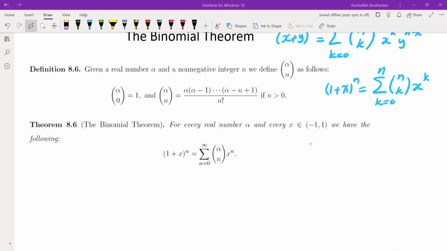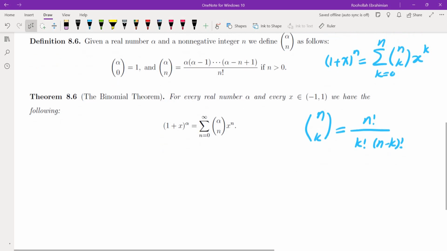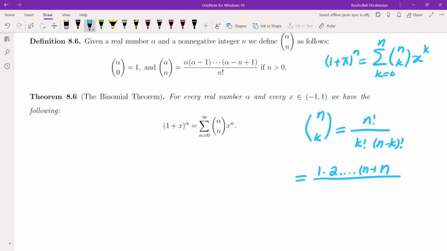If you look at n choose k, the definition of n choose k is n factorial over k factorial times n minus k factorial. So clearly, if n is not an integer, you can't really define n factorial. So instead, we're going to write this as 1, 2, 3 all the way to n in the numerator, and in the denominator we'll have k factorial times 1 all the way to n minus k.